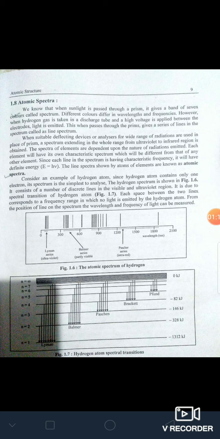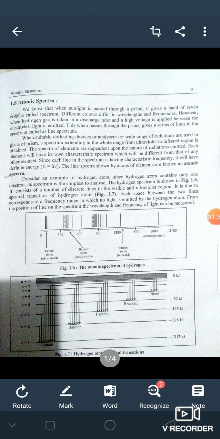The spectra of elements are dependent upon the nature of radiations emitted. Each element will have its own characteristic spectrum which will be different from that of any other element.